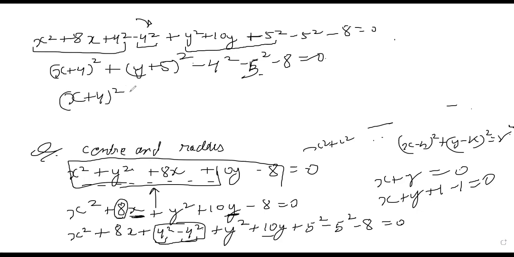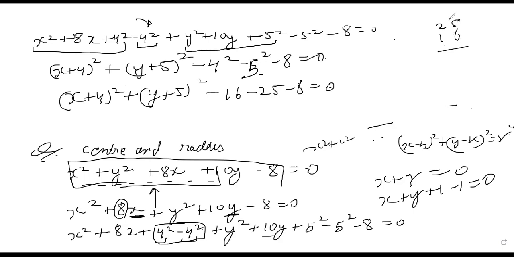Now do you see the equation coming, our general form? Yes. Now 4 square is what? 16, minus 5 square is 25, minus 8 equals 0. So 16 plus 25 and 8 is what? 25 plus 16 is 41, and with 8 is 49.